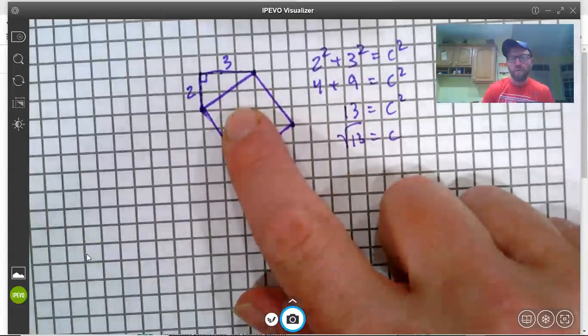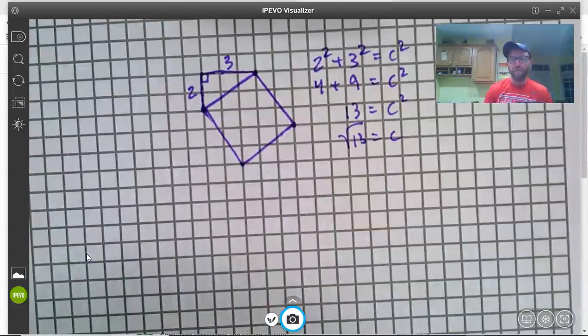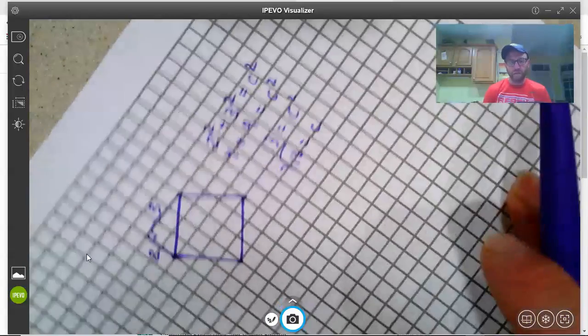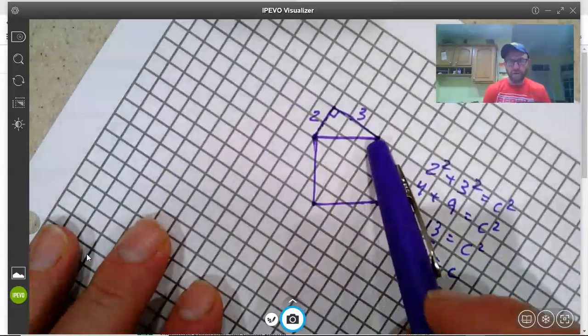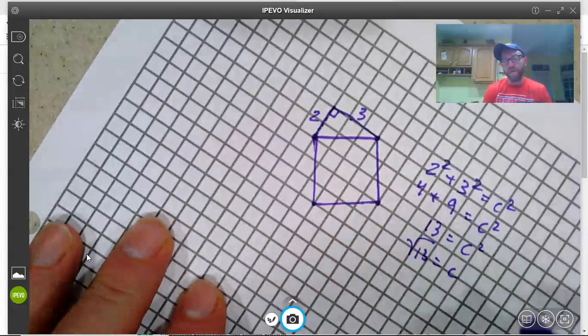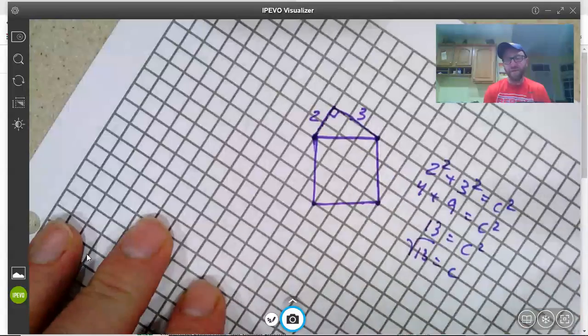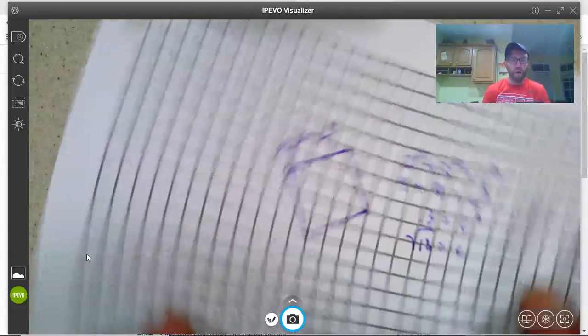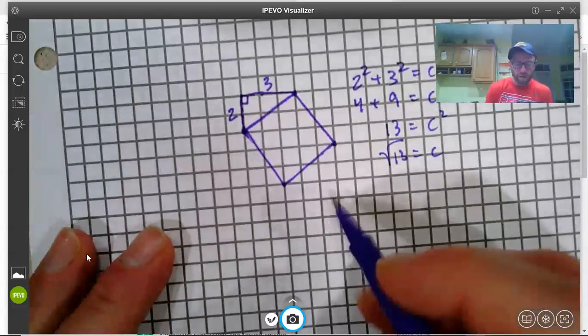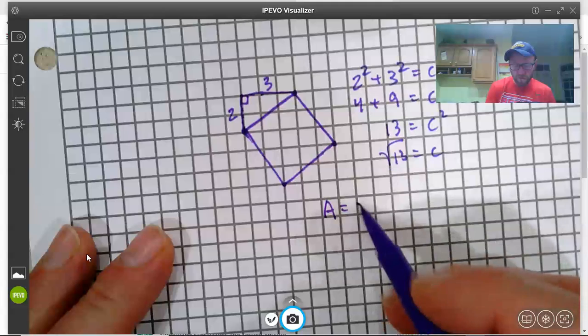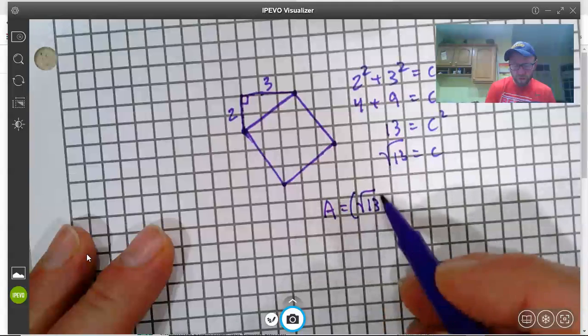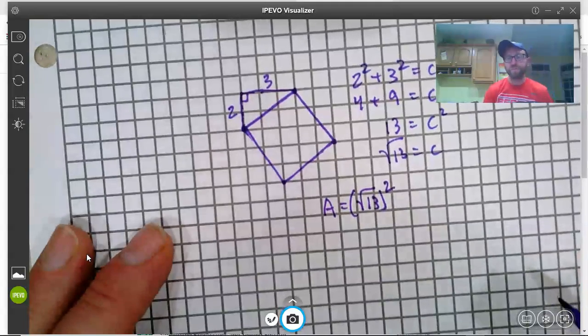So for a square, the area of the square, because the square is a rectangle, it's just base times height. And we can turn this around a little bit, like so. Base, height, but in a square, base and height are the same. So it's just the length of one side times itself, or the length of one side squared. So here, the area is equal to the side length, square root of 13, squared.